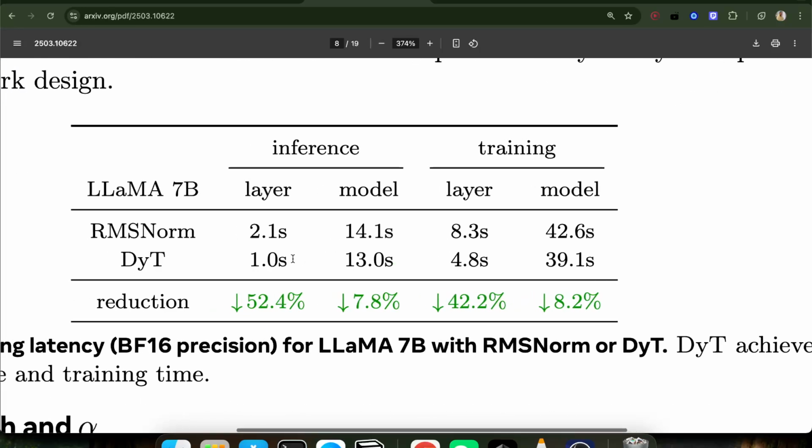So for Llama 7B, inference for RMSNorm is 2.1 seconds, while dynamic tanh is 1 second, which is a 50% improvement on a layer level. And on a model level, it's almost an 8% improvement for inference. And same for training. There is more than an 8% improvement in speed for dynamic tanh.